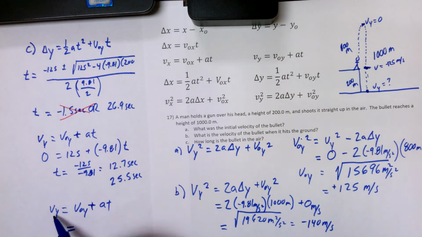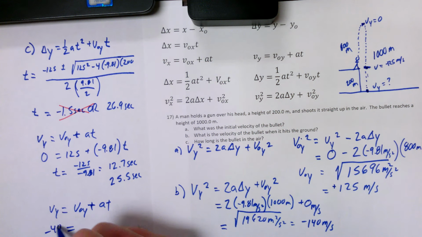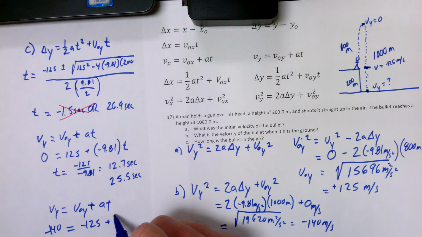so from here to here, my final y velocity was negative 140. My initial y velocity was negative 125. Mine a.